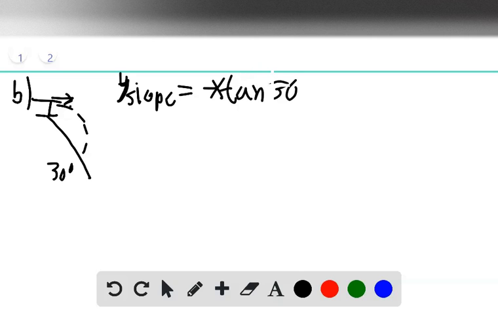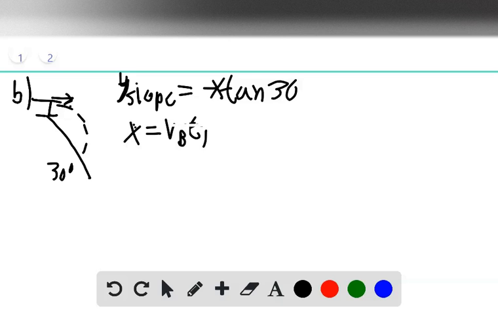Tangent is opposite over adjacent, and it's a negative slope. Then we go to our projectile motion equations, and one of our kinematic equations is x equals v naught t. So in this case, x is going to be equal to vB t.